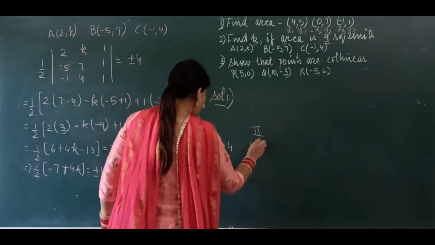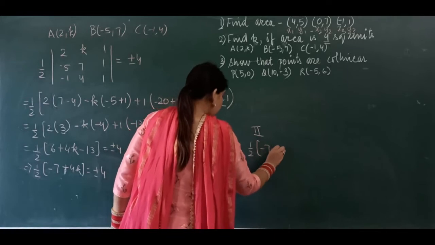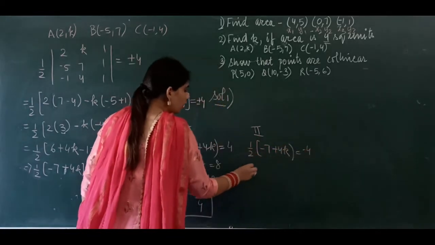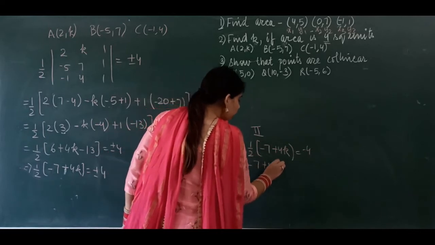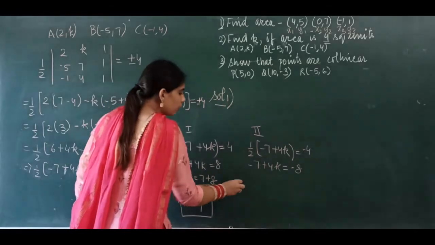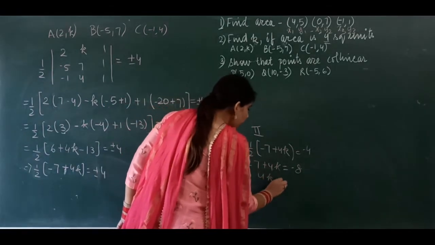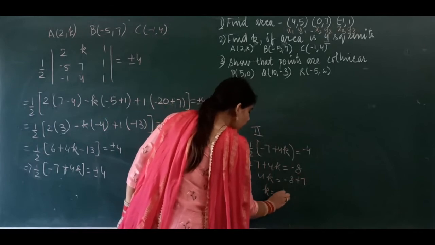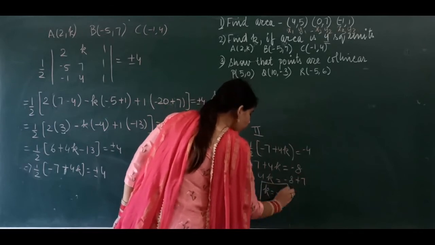It will be half of minus 7 plus 4k equals minus 4. This gives minus 4 twos are 8, so 4k minus 7 equals minus 8, which means 4k is minus 8 plus 7. So the value of k comes out to be minus 1/4.